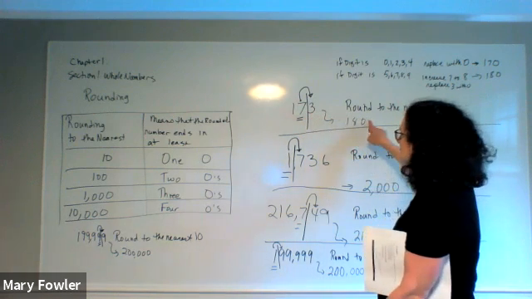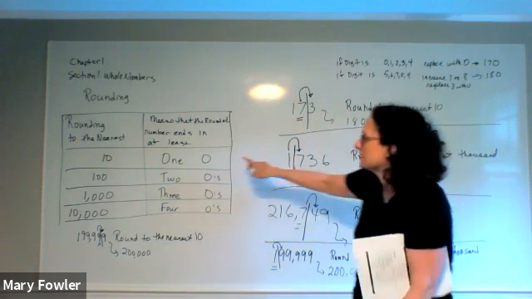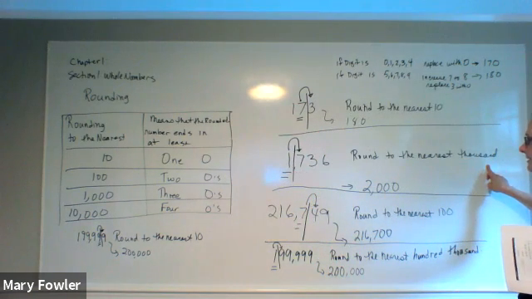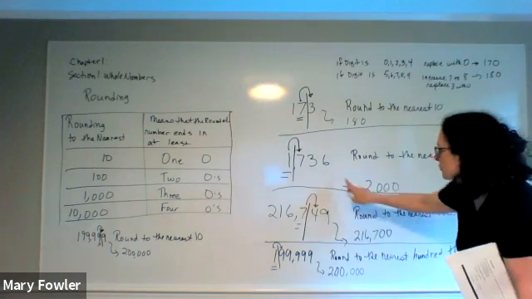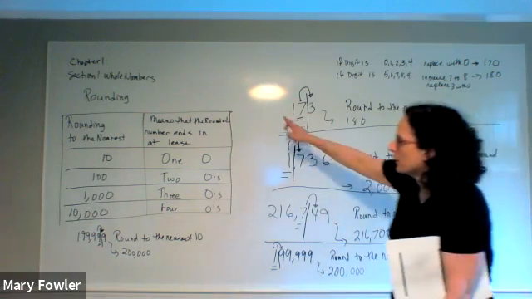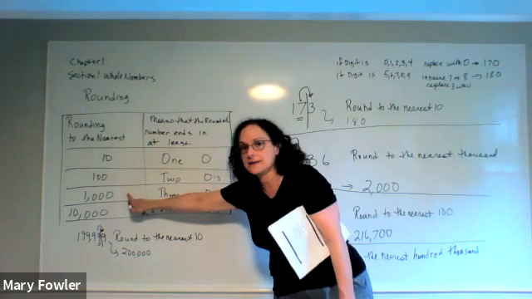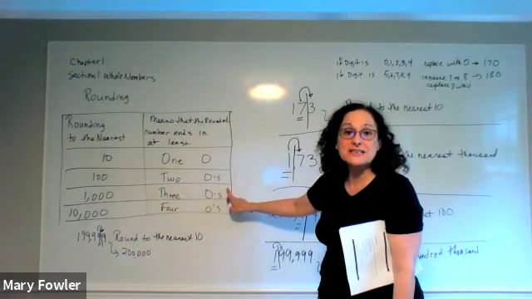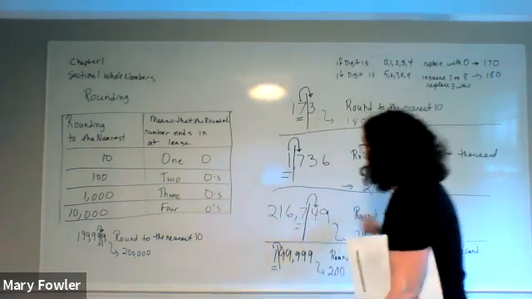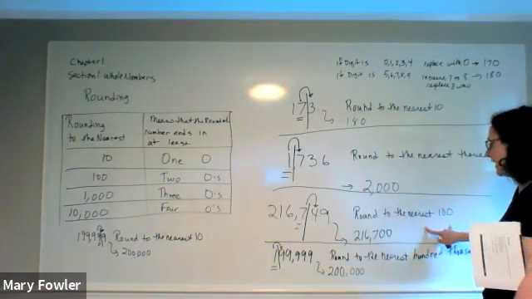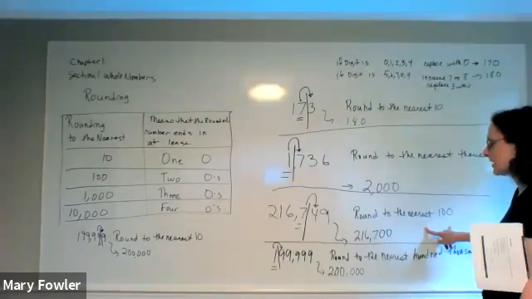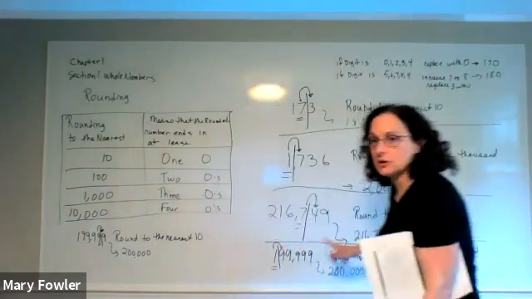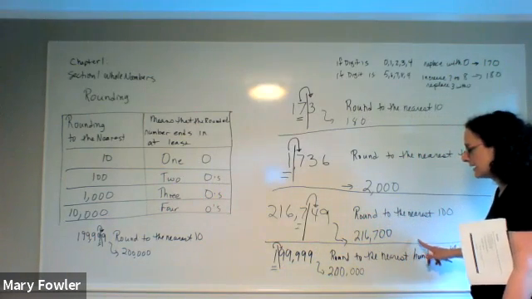And the number has at least one zero. Rounded to the nearest 1,000, this number rounded to 2,000, so if I want to round something to the nearest 1,000, then I am supposed to have at least 3 zeros, and I do. And this guy here, rounded to the nearest 100, has to have at least 2 zeros, and it does.